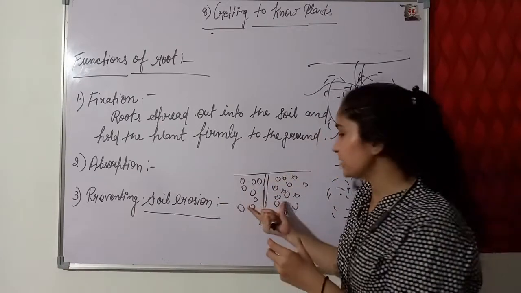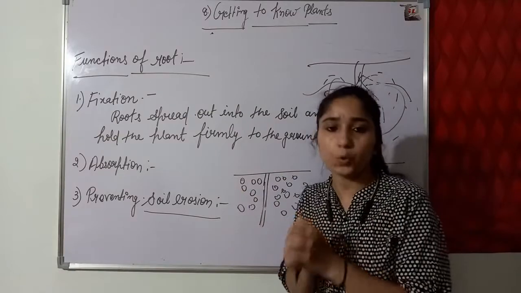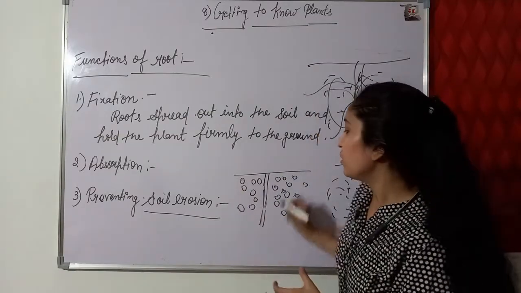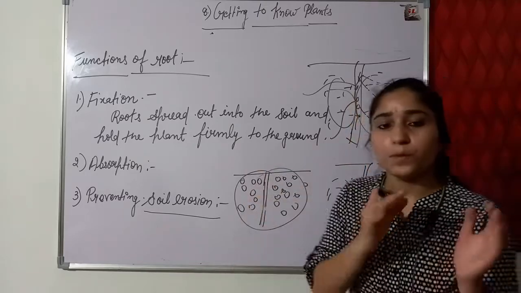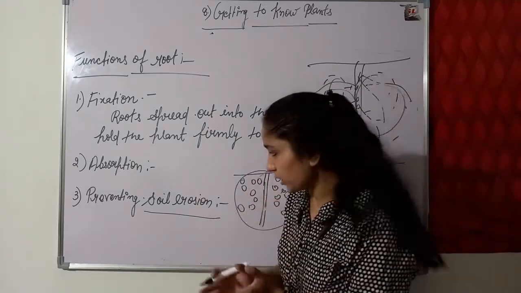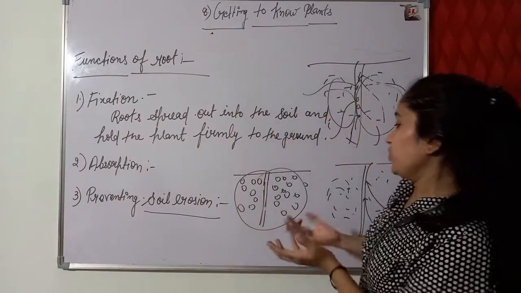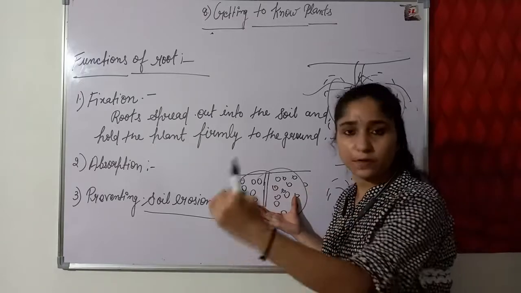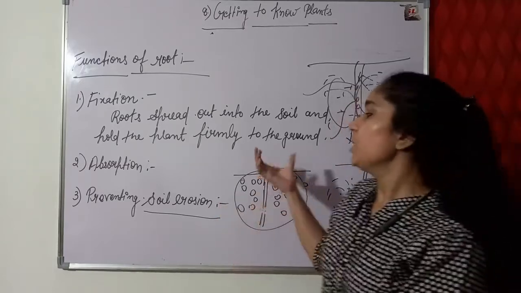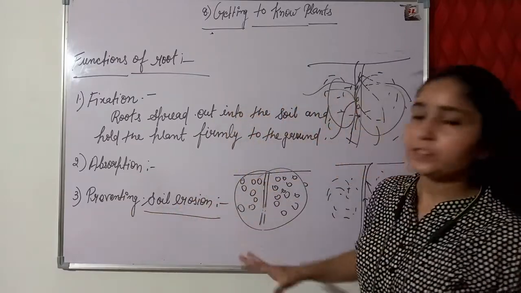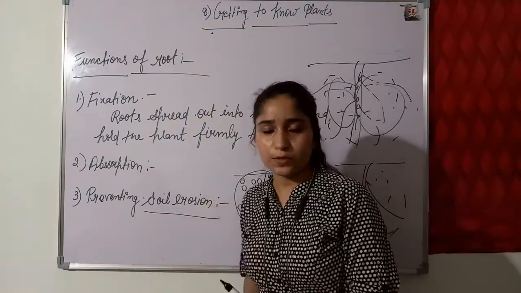Roots make these soil particles packed closely together, so it is not possible for the soil to be blown away by wind or water. In this way, roots prevent soil erosion.